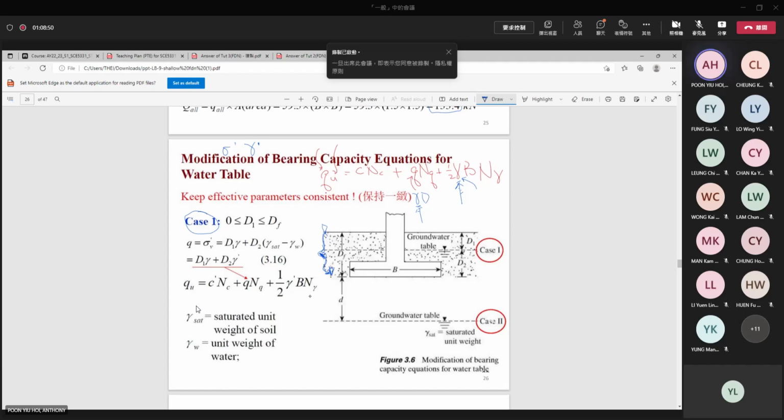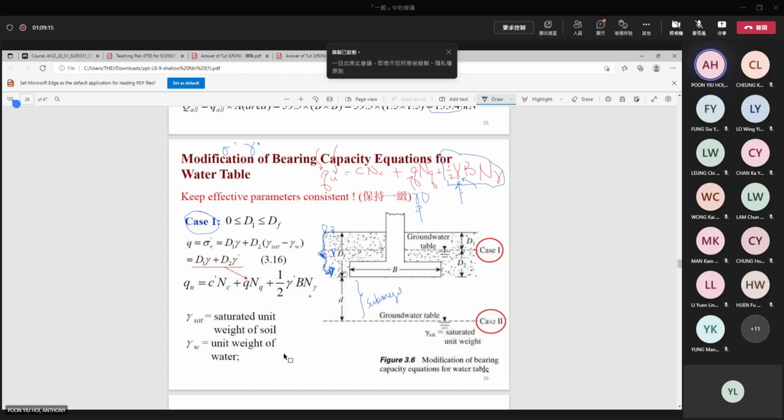Because if the water is here, or here, or here, all this will be submerged, right? Submerged, right? And what is the actual meaning of this term?